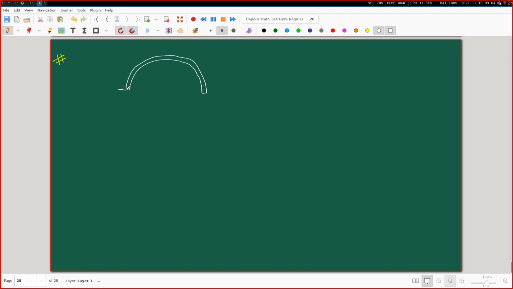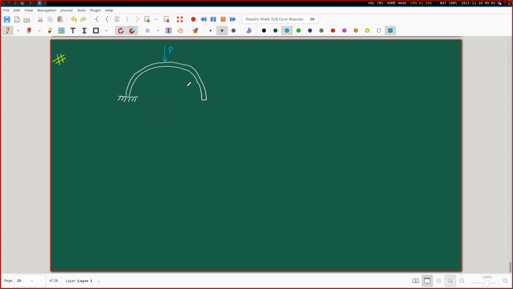This is also some sort of a cantilever, but not in the sense that we have been discussing till now. And this structure is subjected to this point force acting at its top.